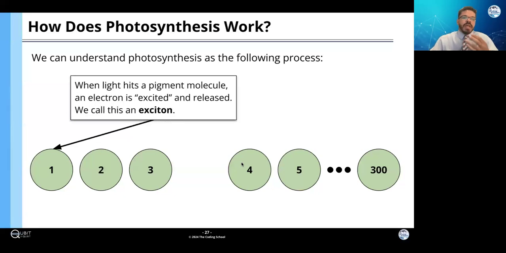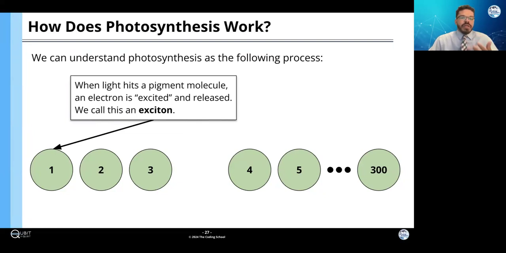Now these pigment molecules are designed, or have evolved, such that when a photon hits one of them, and a photon, remember, is just the quantization of light, a light particle, it can kick one of the electrons on this pigment molecule into a higher energy state.